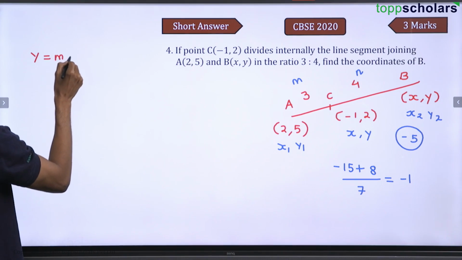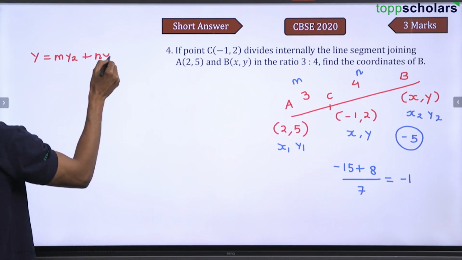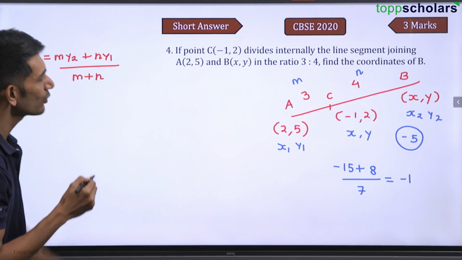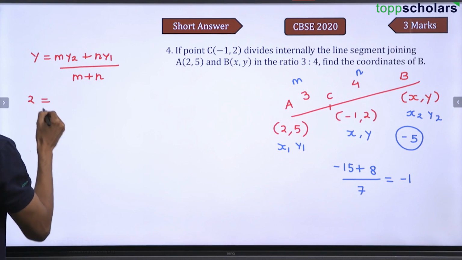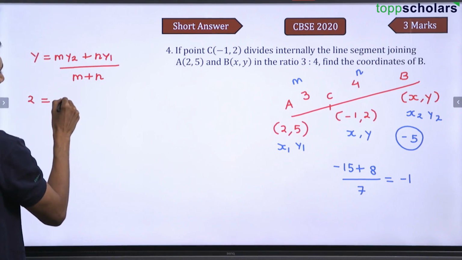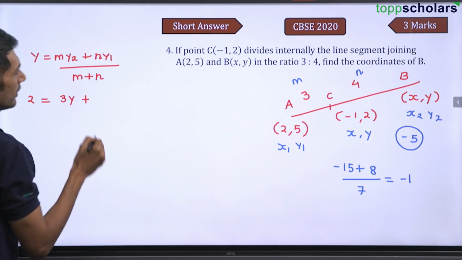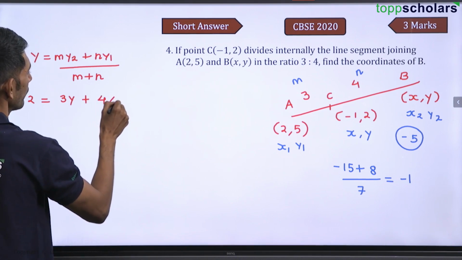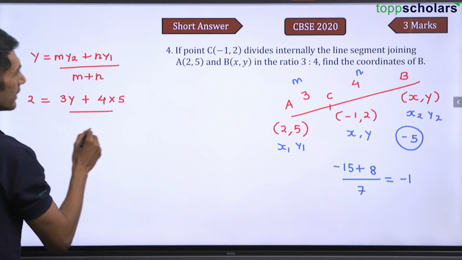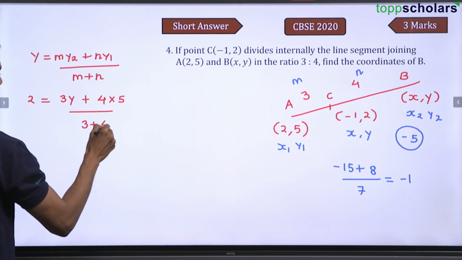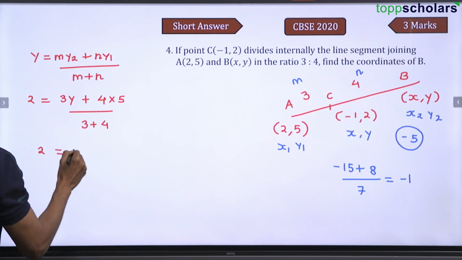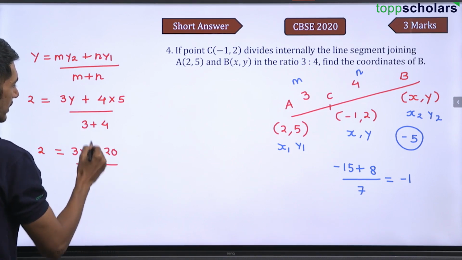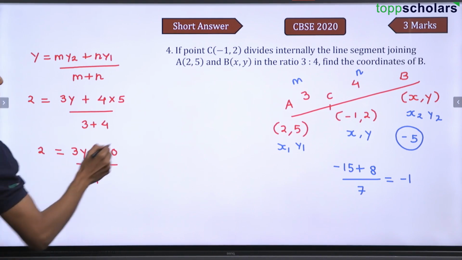y is equal to m y2 plus n y1 by m plus n, right? So y is 2. So 2 is equal to m y2, that is 3 into y, plus n y1, n is 4, 4 into 5, by 3 plus 4. So 2 is equal to 3y plus 20 by 7. 7 goes here.